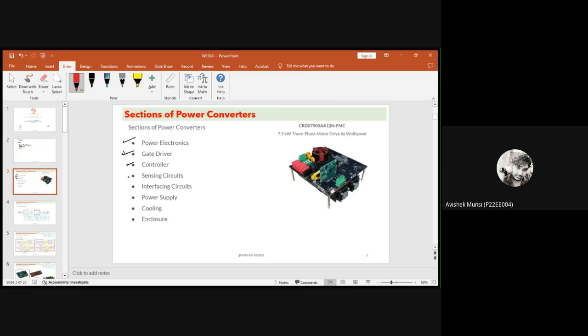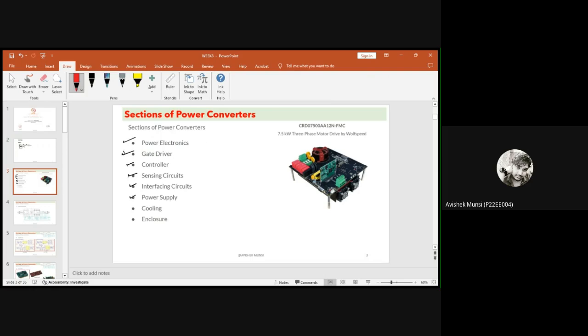So obviously a controlled power converter is used. Next, there are some interfacing circuits, because after sensing, we have to send the signal to the microcontroller. So definitely we need ADC interfacing circuits, and sometimes we need level shift circuits and all. So those are the interfacing circuits.